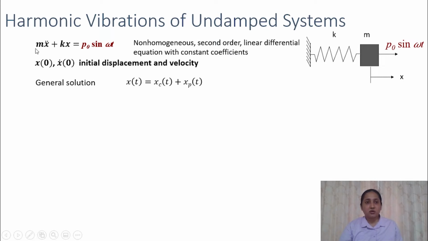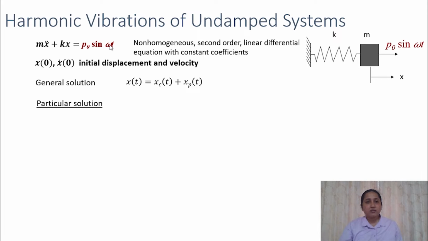That means the solution of m x double dot plus k x is equal to 0. That is equivalent to the free vibration solution. So the free vibration solution will be the complementary solution and the particular solution is for this force component. So now let's see how to solve this equation of motion.